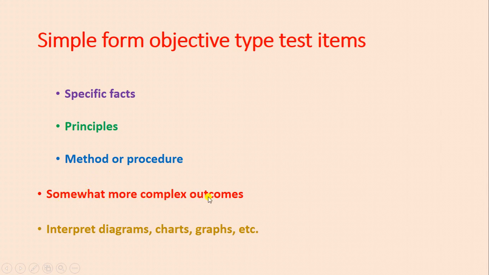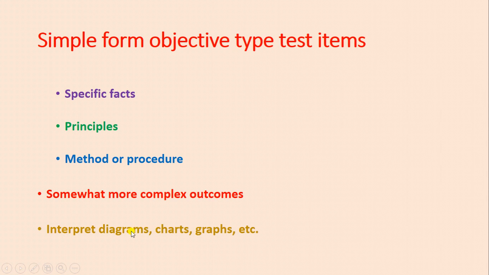Somewhat more complex outcomes can be tested through simple form test. Although in simple form we test simple knowledge, specific facts, principles, and methods, somewhat more complex outcomes we can also test, that may be related to interpreting diagrams and construction of diagrams.